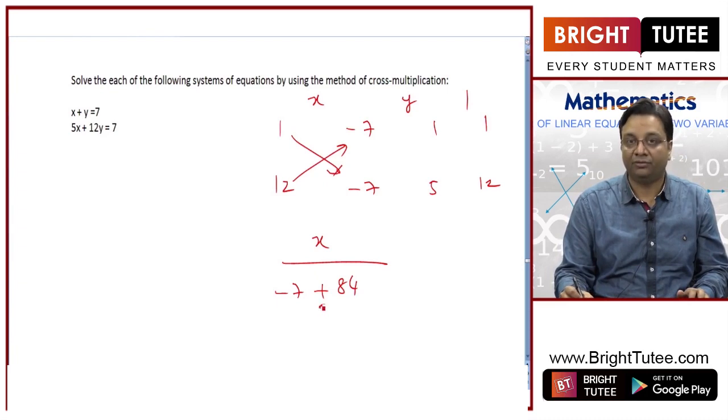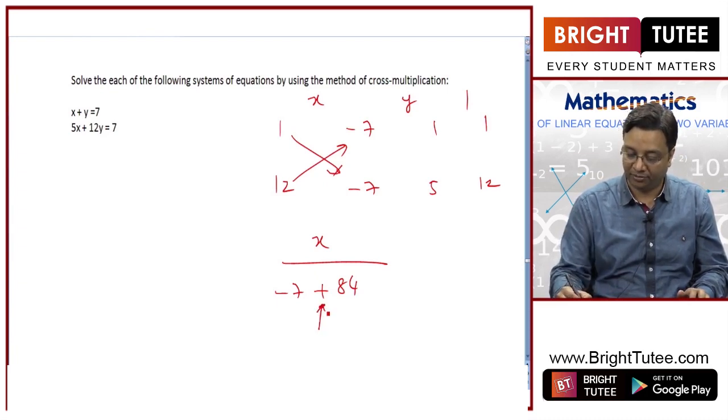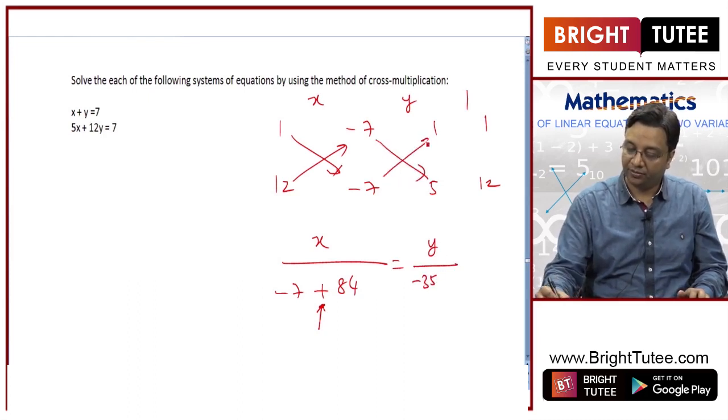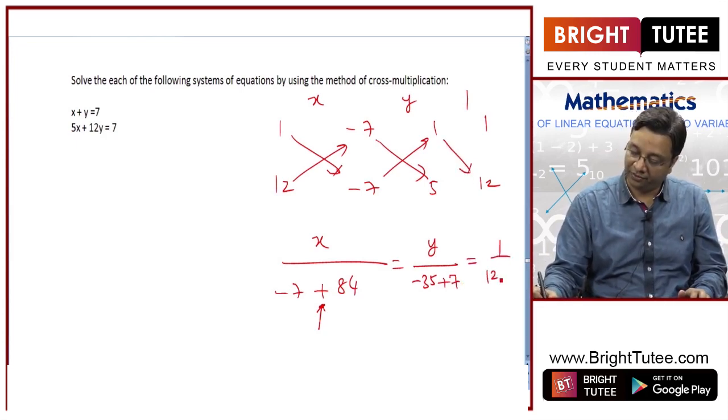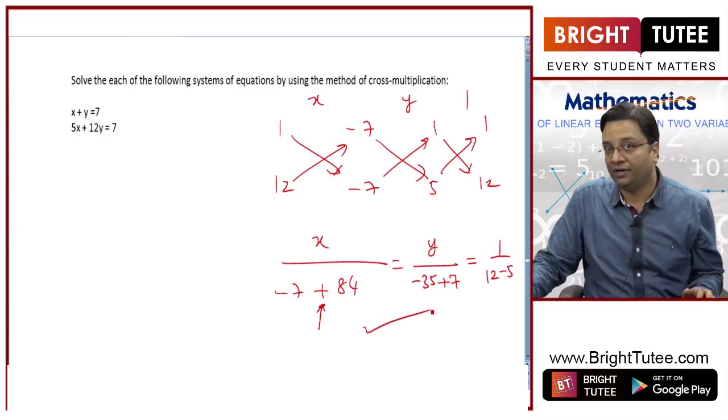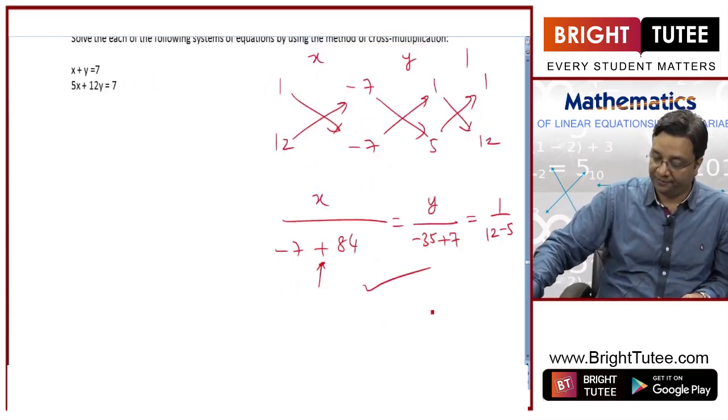Minus of minus 84 will become plus 84, right, this is plus, is equal to y divided by minus 35 minus of minus 7, that is plus 7, and it is equal to 12, 1 by 12 minus 5. Now, I leave the final part to you, right.